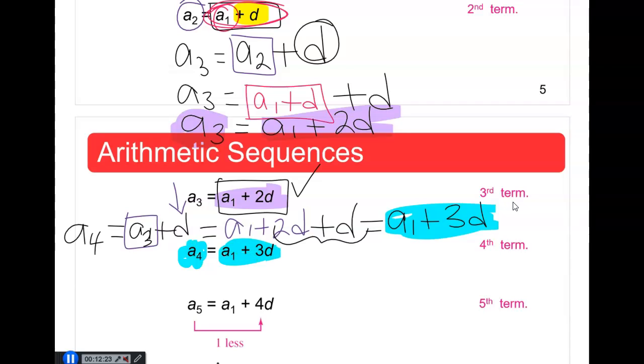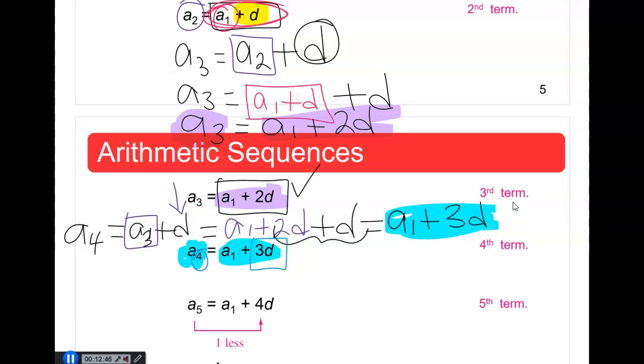That will be equivalent to a sub 1 plus 3 times the common difference, which is d. So if we follow that pattern, you can notice that when the subscript is 4, the number of times that we add the common difference is 3.